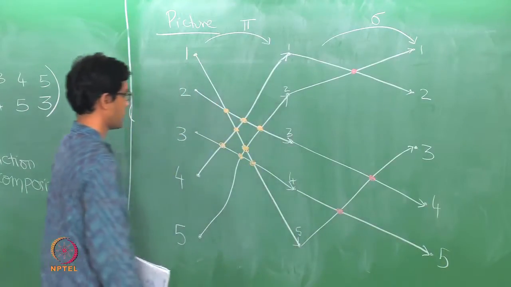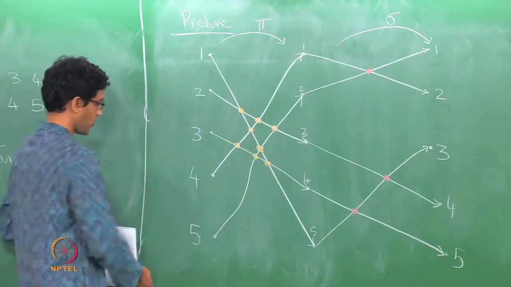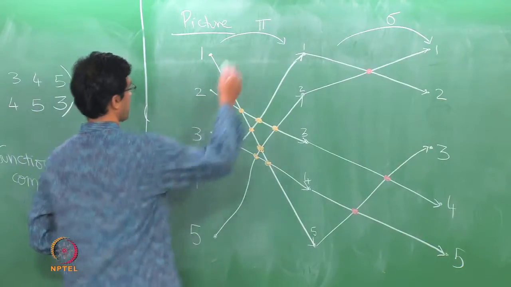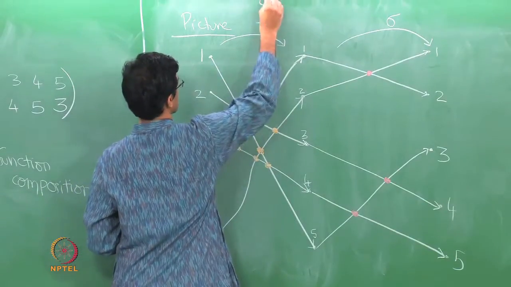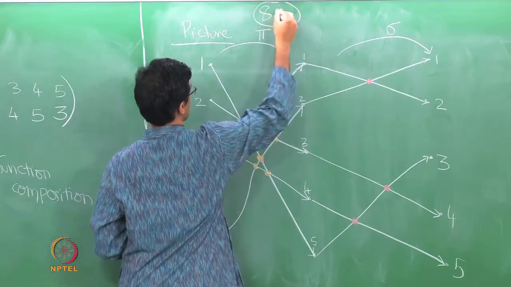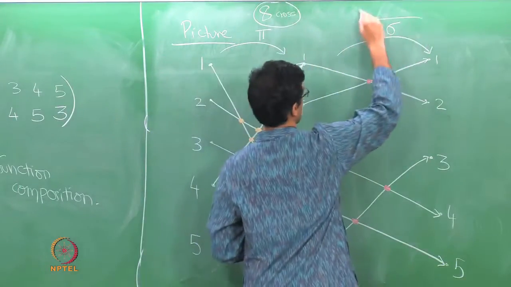So that seems to be it. There are 3 crossings. So recall pi had 8 crossings and sigma seems to have 3 crossings. Now the question is, what does the composition do? So let me write down the number of crossings. So pi has 8 crossings, and sigma has 3 crossings.